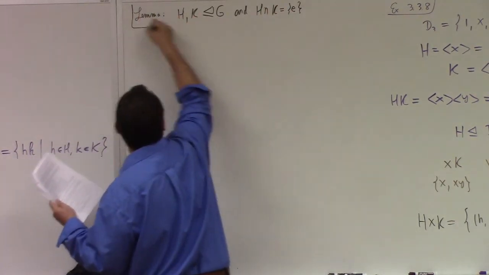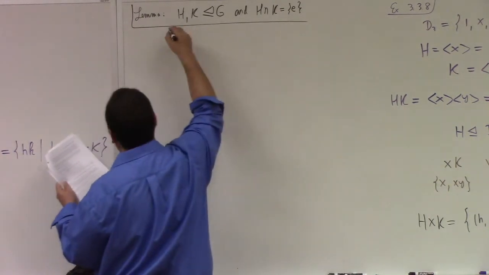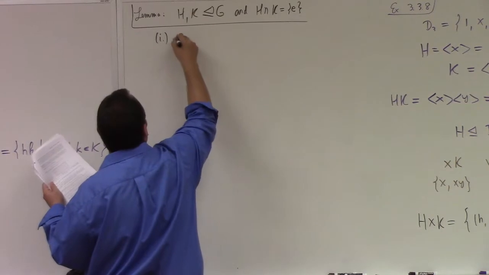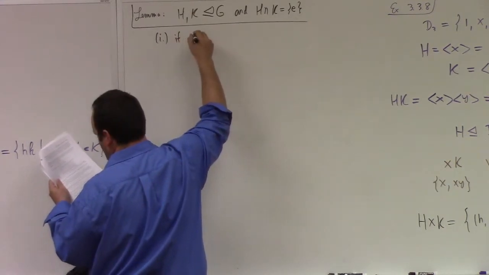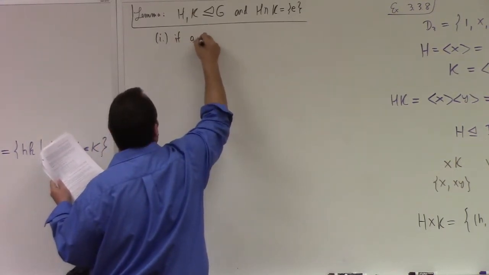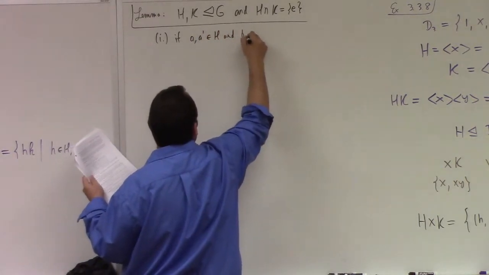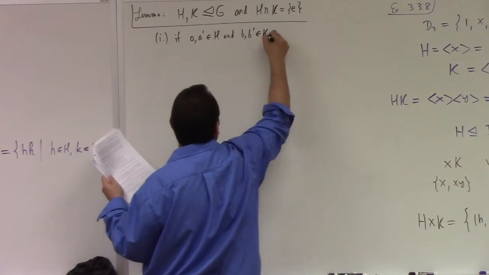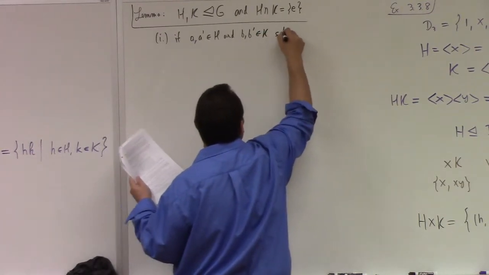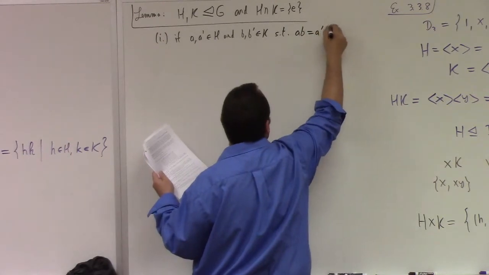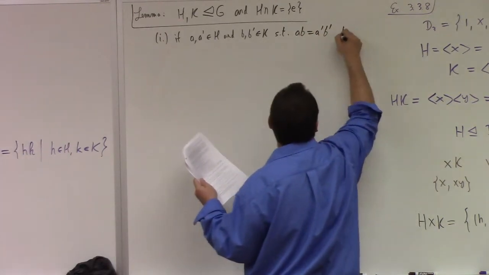Here's the calculational tools that entitles you to. Part 1, if we have a' in H and b' in K, such that ab equals a'b', then what's the punchline?